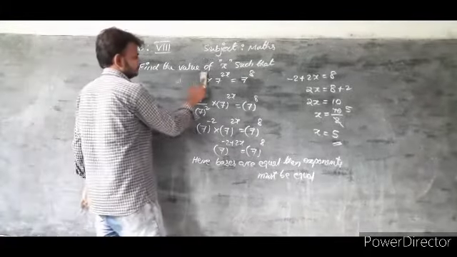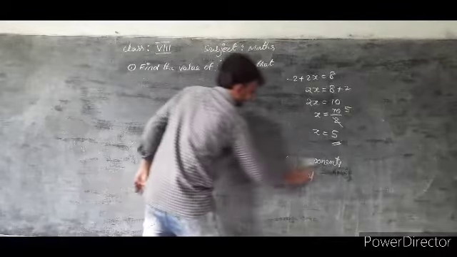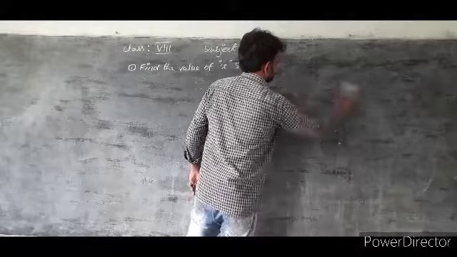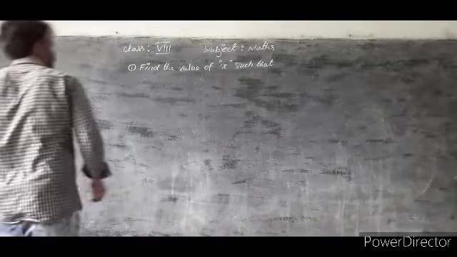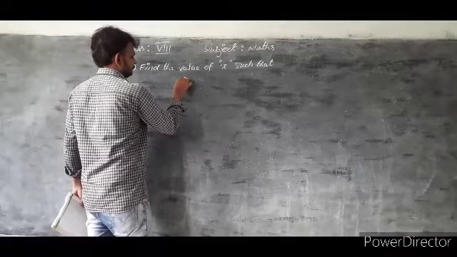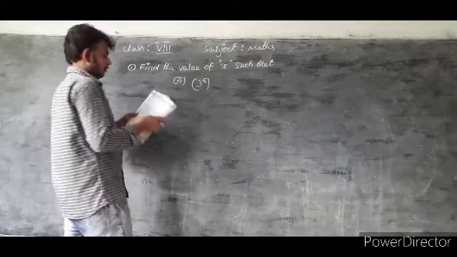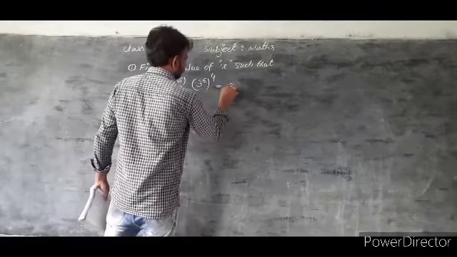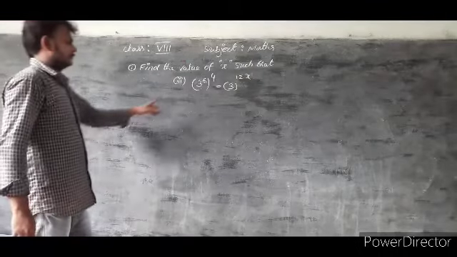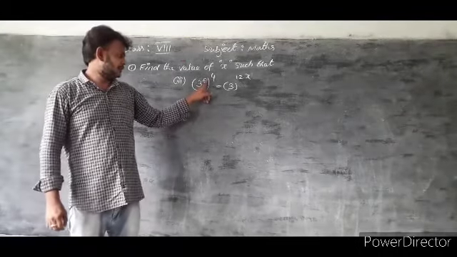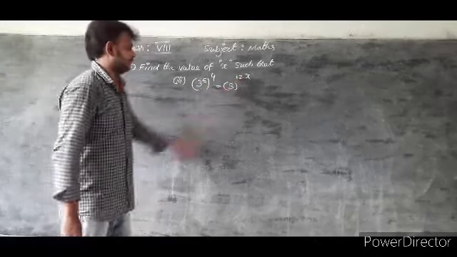Now third problem. 3 power 6 whole power 4 equal to 3 power 12x.